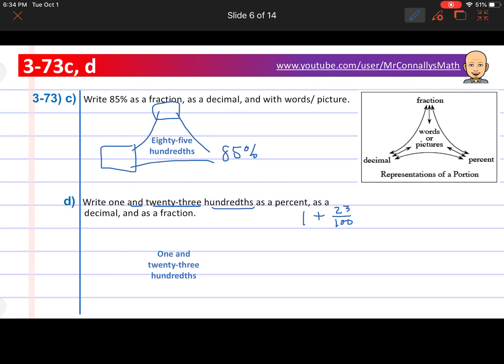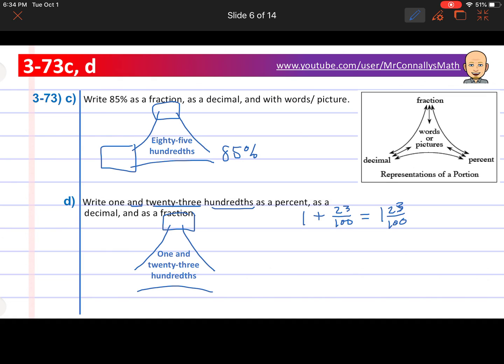So that's basically 1 and 23 100ths. Okay, so that's what you can put up there. That's what I wrote down here, 1 and 23 100ths. So you can put that same fraction up top here.